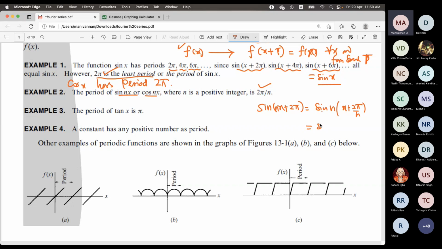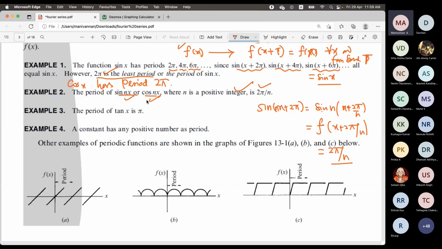Just check. Sin of nx plus 2 pi, this is nothing but, in the form itself, a function of x plus 2 pi by n. Is it right? From this we just take the n outside. So sin n of, overall it is in x format. So 2 pi by n is the period for sin nx or cos nx.